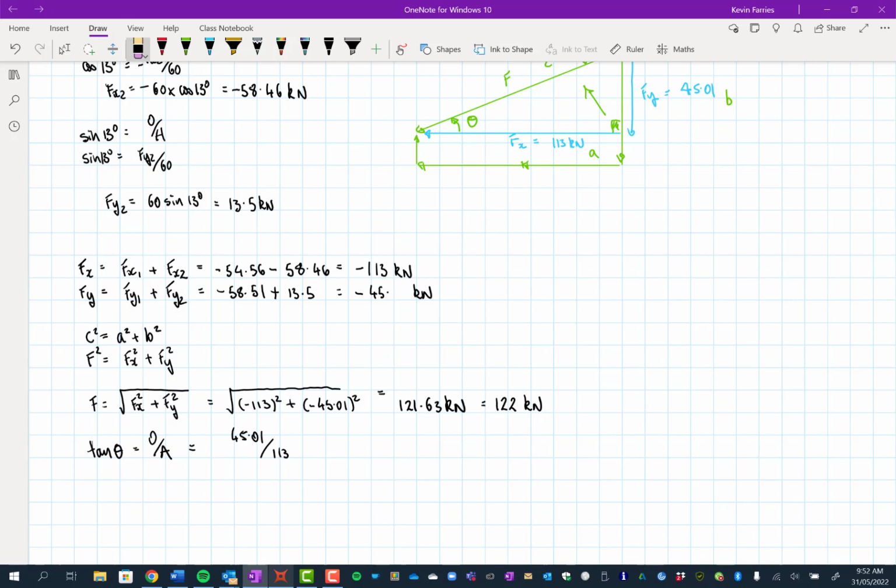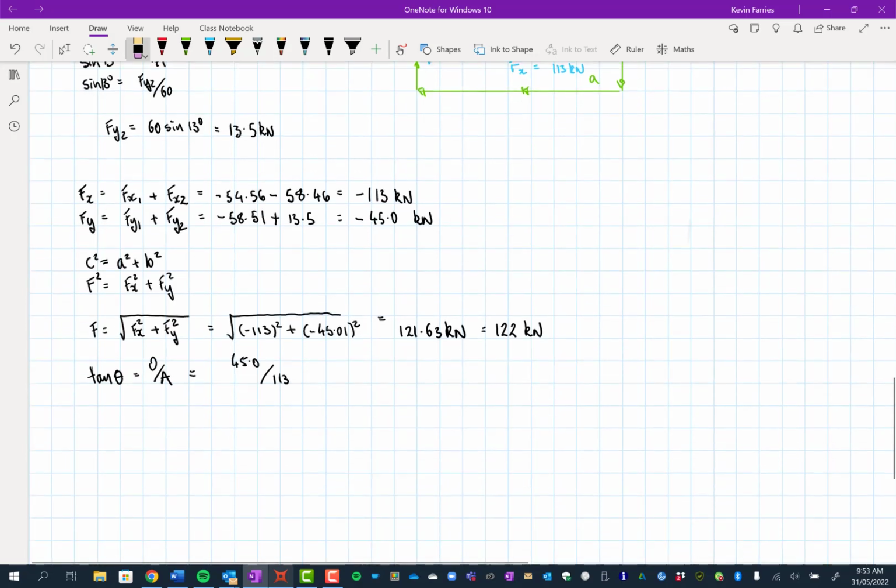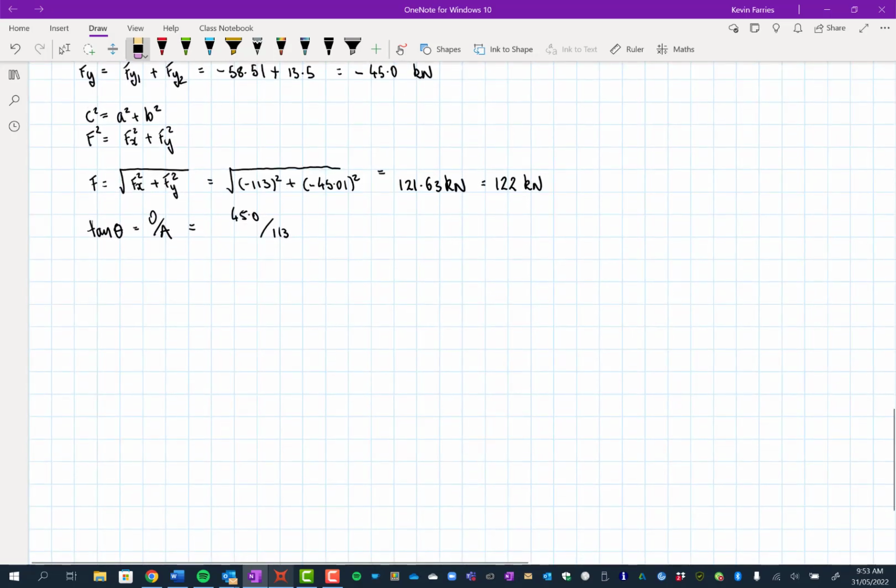Just looking at that now, let's get this to three significant figures as well, just to keep all this tidy. 45.0 divided by 113. Just have to move this up again, so I've got space to write.